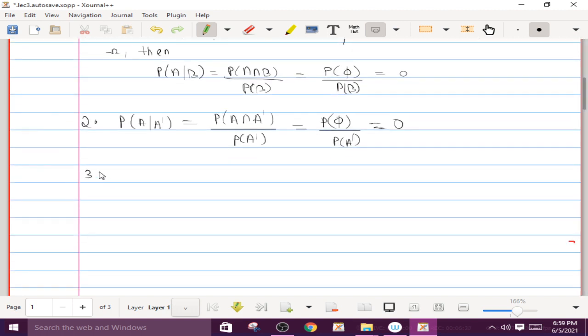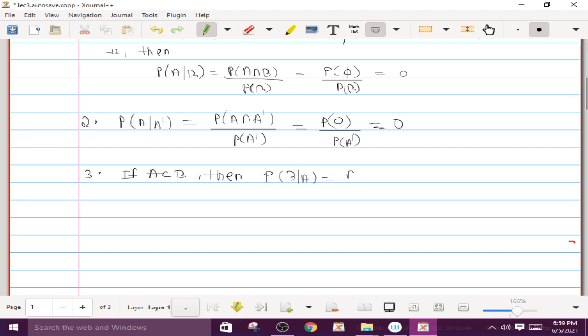Third, if A is a subset of B, then what about the probability of B given A?